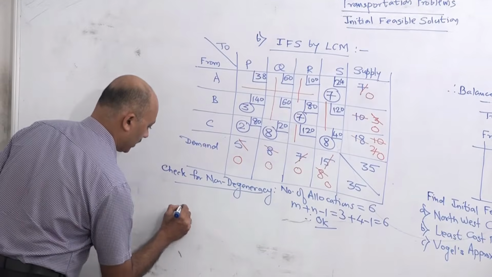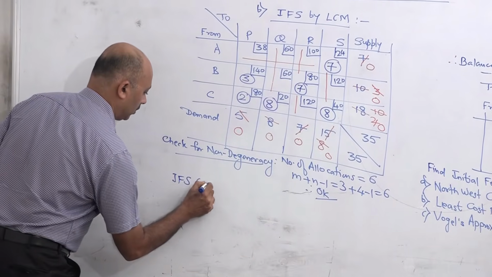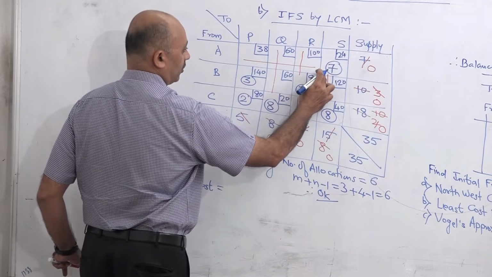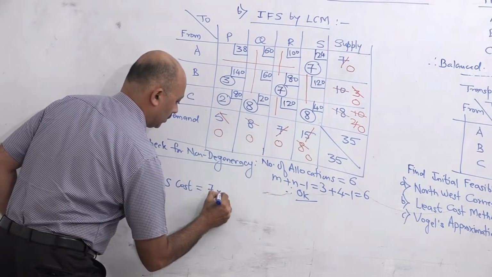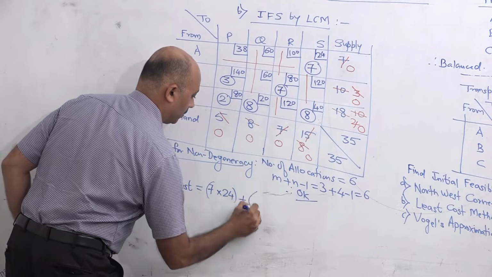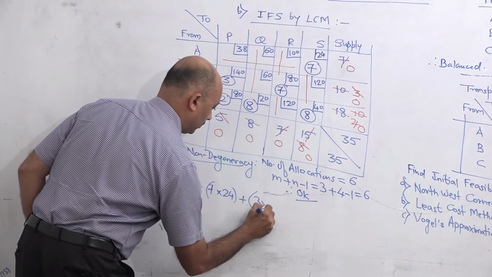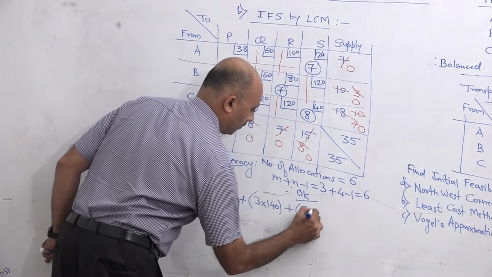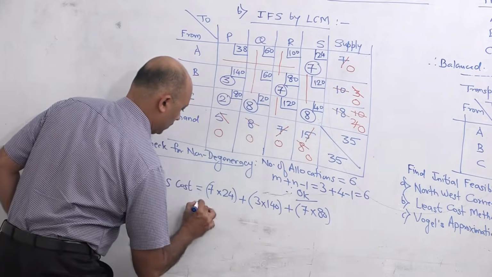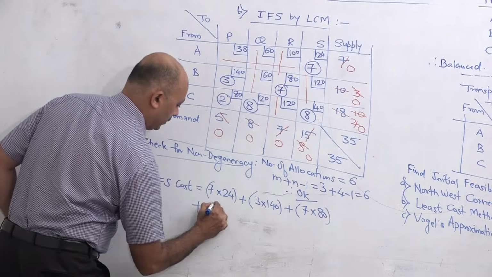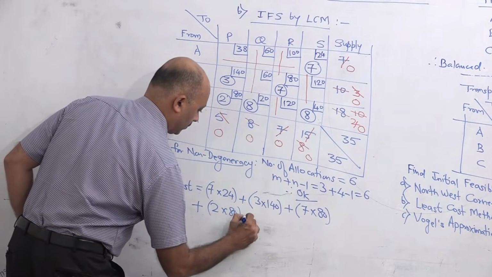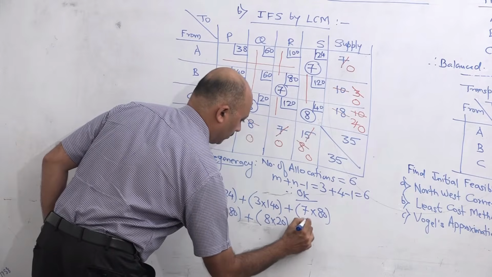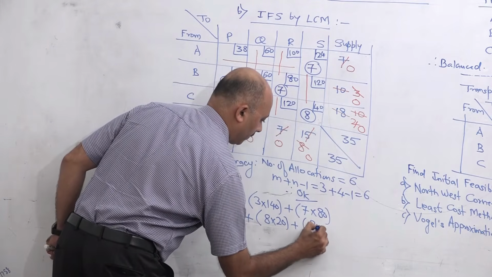And then we will do the cost calculation, that is the IFS cost by the LCM method. Okay. So now multiply each allocation by its unit cost. 7 into 24 plus 3 into 140 plus 7 into 80 plus 2 into 80 plus 8 into 20 plus 8 into 40.